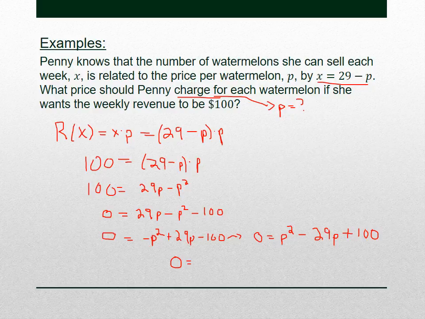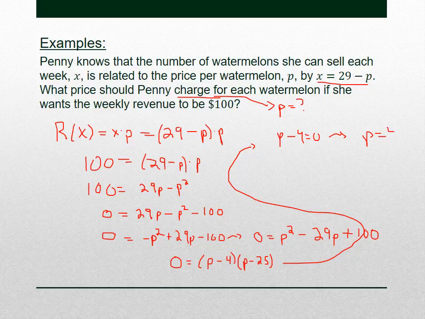Now hopefully you all remember how to factor from pre-cal. We need two factors of 100 that add up to -29, so how about -25 and -4? So P minus 4 times P minus 25.